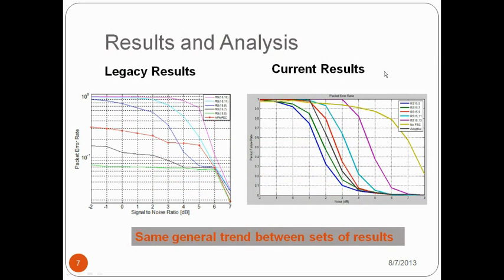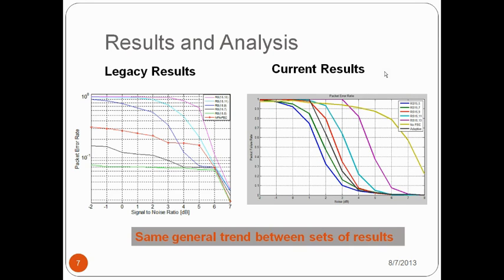So here are the results for the legacy on the left, and the current results that I obtained in my simulation on the right. As you can see, we don't get the gains for the various levels of encoding in the lower noise areas, from -2 to 2, but the ordering in the higher noise areas is still there for the various encoding rates.